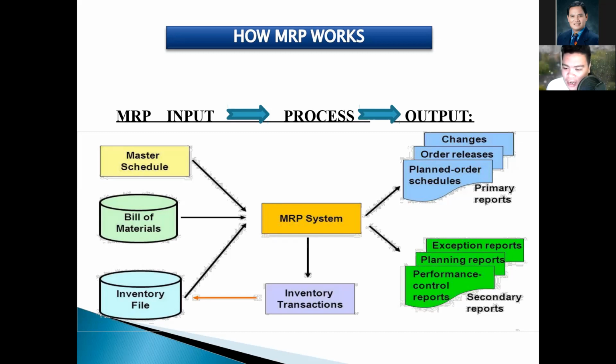You can get it there. Secondary reports naman, this is more on the planning side. In order for you to improve yung performance mo, so what are the things that you still need to improve on your production? Bakit nagkaroon ng downtime level dun sa production mo? Ano yung naging kulang? Saan nagkamali? Those are the secondary reports that the MRP system can give to you.